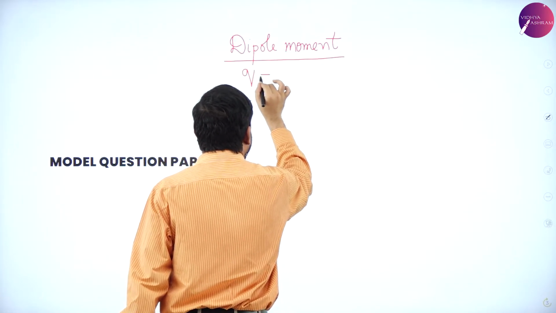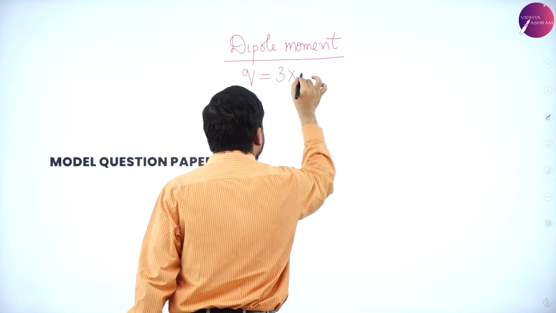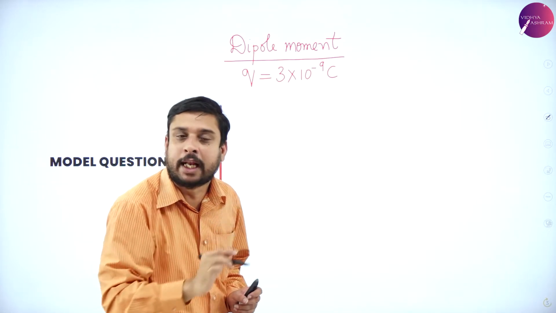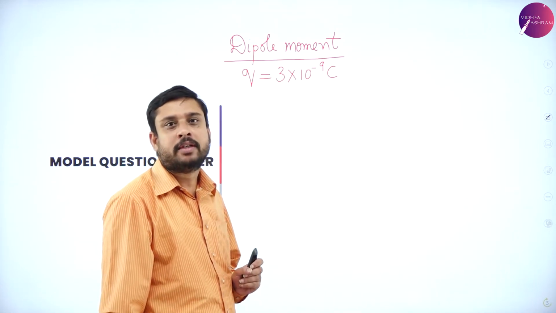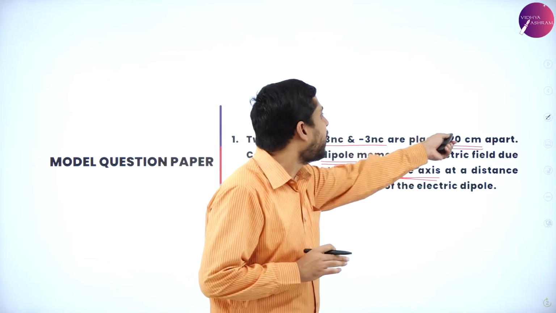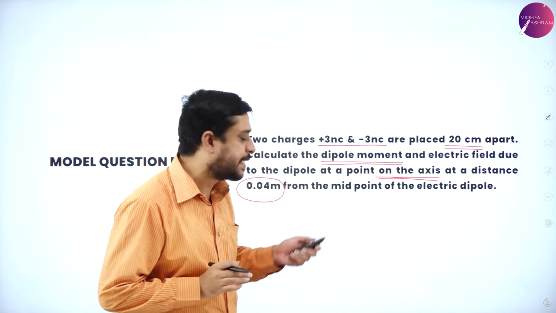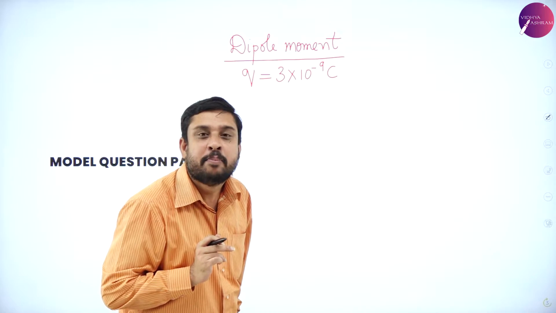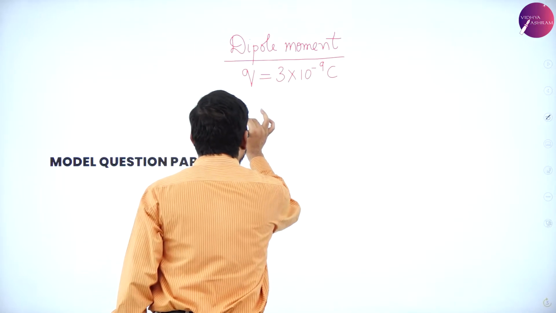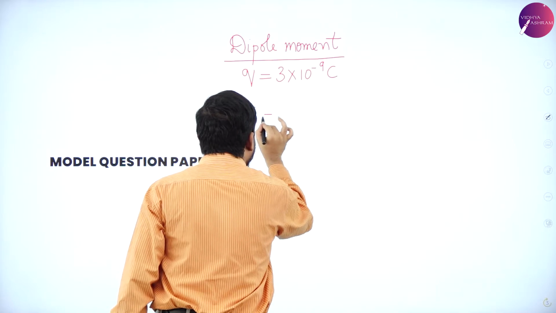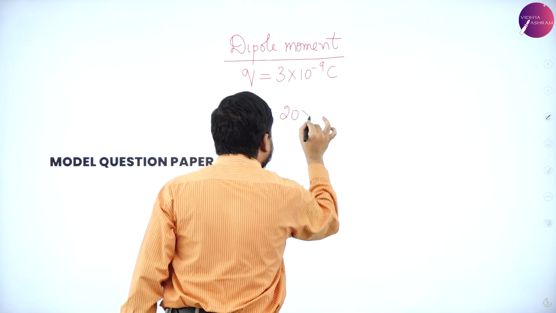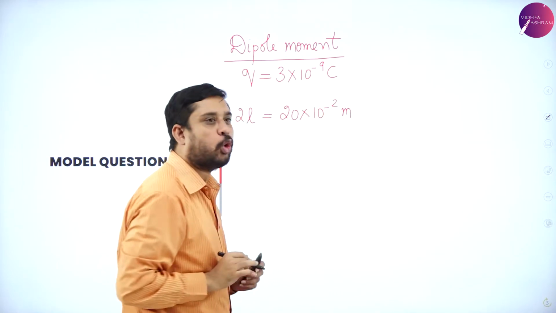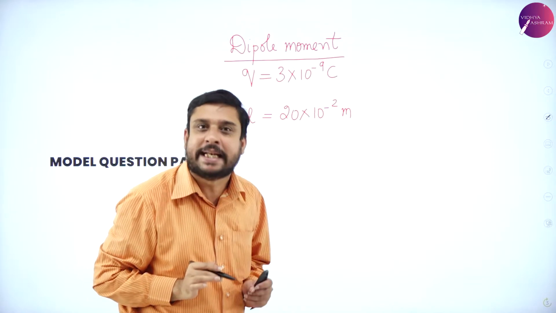So Q is 3 into 10 power minus 9 coulomb, and the distance of separation between the 2 charges, we call it 2L, is 20 centimeter, which is 20 into 10 power minus 2 meter.